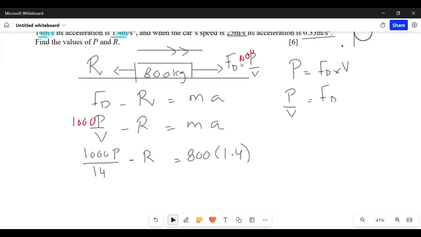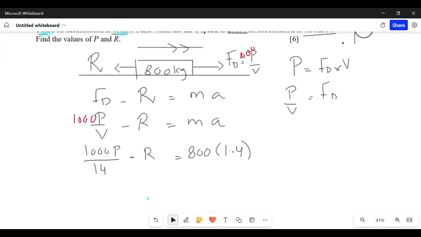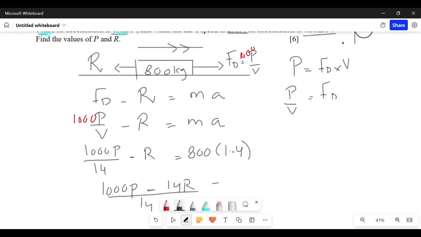Let's simplify this and get P. So it's going to be 1000 P minus 14R upon 14 is equals to 800 into 1.4, which is 1120.